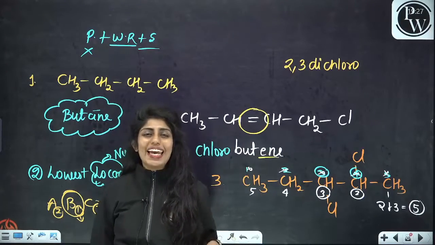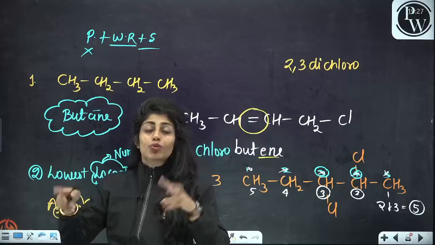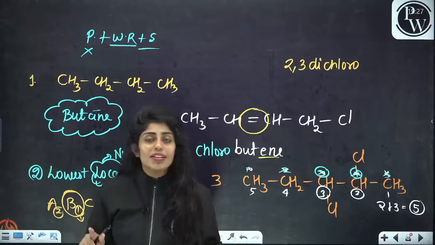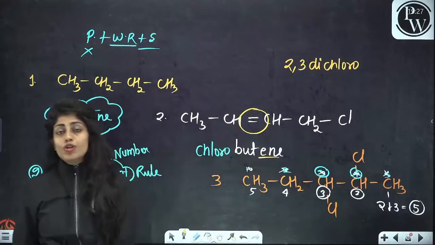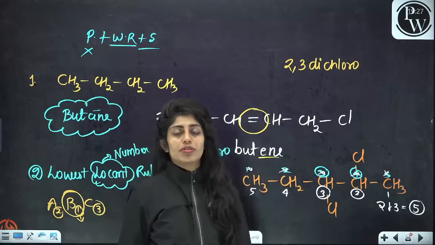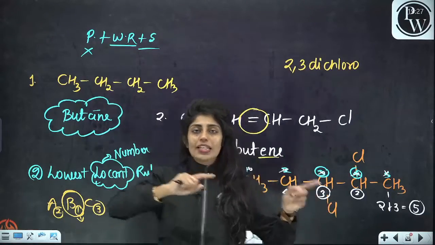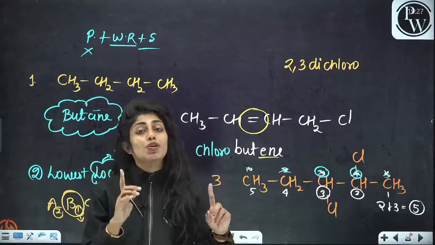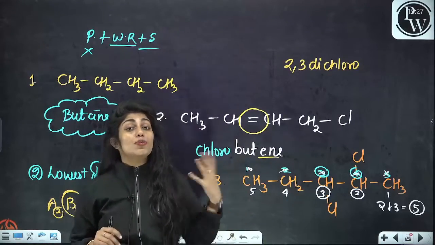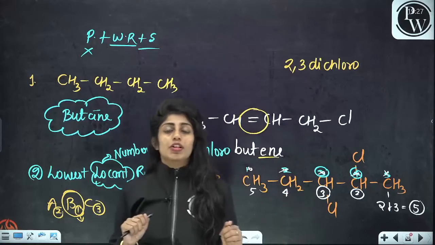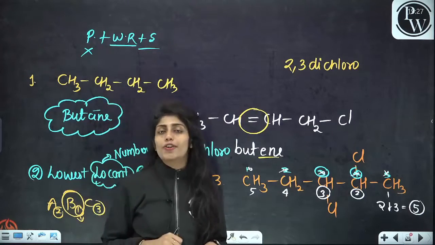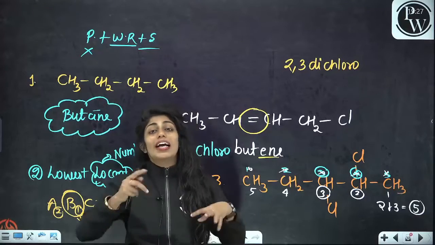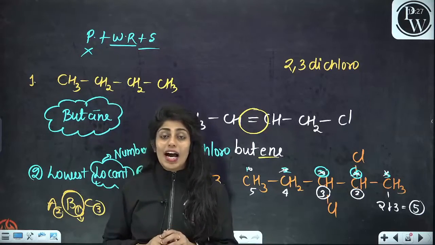You won't say Varun Dhawan 2 times, yes or no. Similarly, here we have chlorine and chlorine, both are the same. So I will be calling it dichloro. If there were 3 chlorines, I will be calling it trichloro. 4 chlorines, tetrachloro. Bromo, iodo, etc. Are we good? Okay.